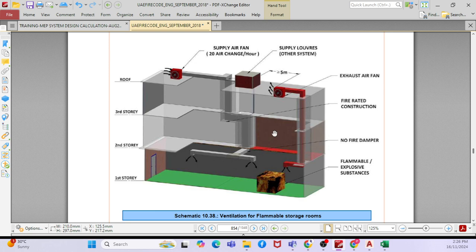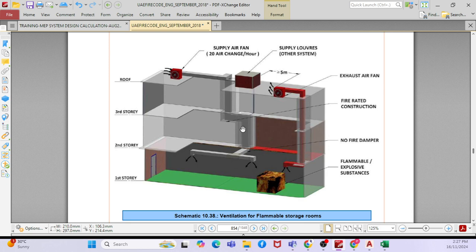If you discharge outside, there should not be any further floor on top. For example, you don't have any second or third floor, and there should not be any further floors.